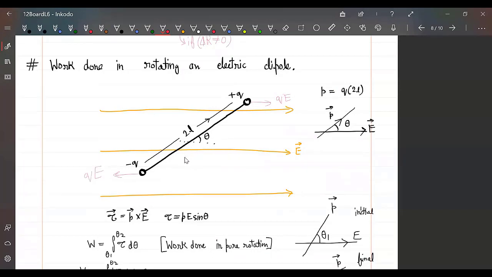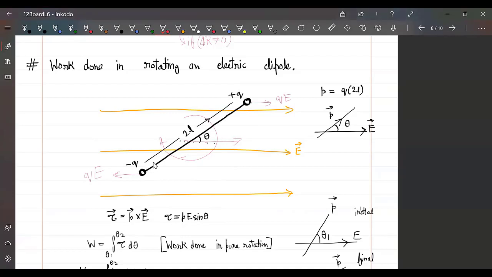So this will cause it to rotate. And we have derived a formula earlier that torque is equal to P cross E, that is PE sine theta. So initially, our dipole is making an angle theta with the electric field.